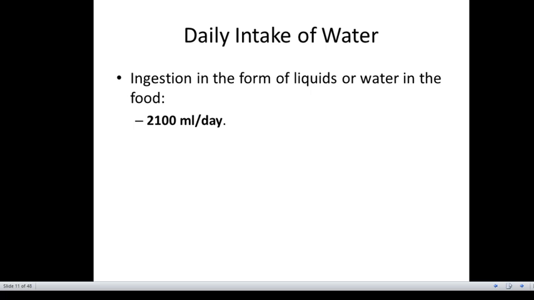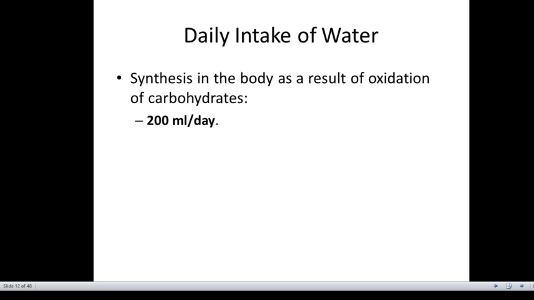Ingestion in the form of liquids or water in the food amounts to about 2100 milliliters per day, and synthesis in the body as a result of oxidation of carbohydrates yields another 200 milliliters per day.